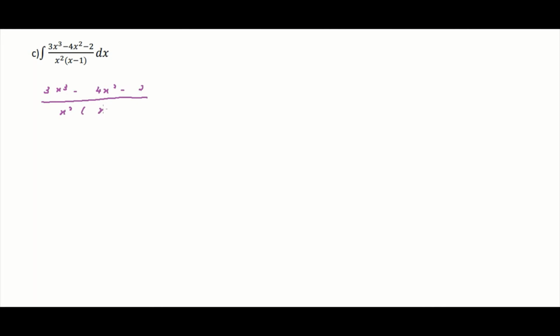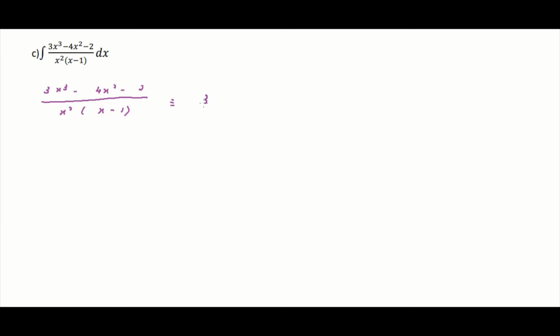Okay, so you know that when you try to expand your numerator, you are going to get x cubed minus x squared. So when you use x cubed to divide by x cubed, you can roughly guess what's the first number that you are going to divide. So in this case, you can imagine that you are going to use 3x cubed divided by x cubed. So what is the number that you will put?